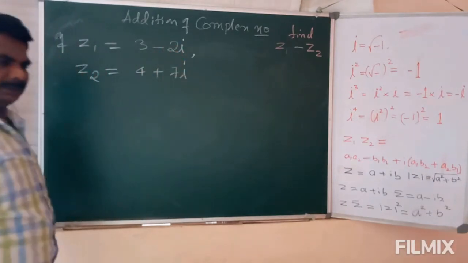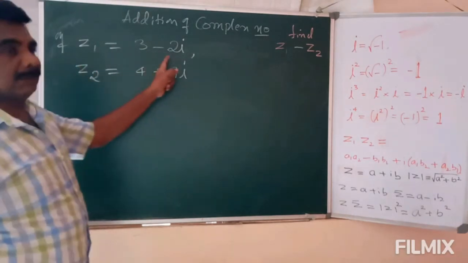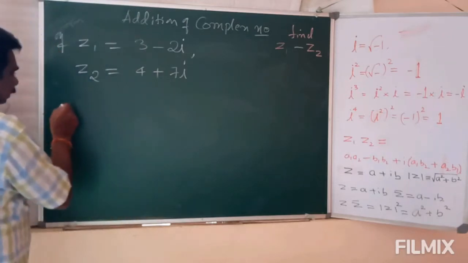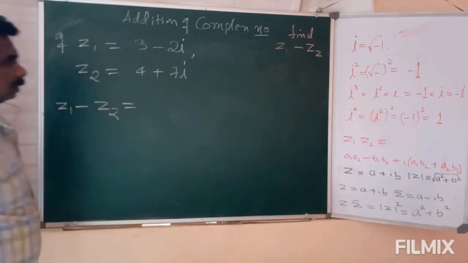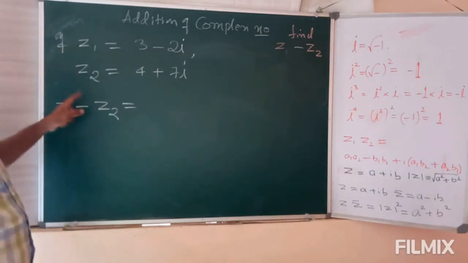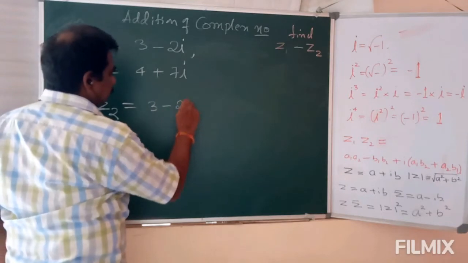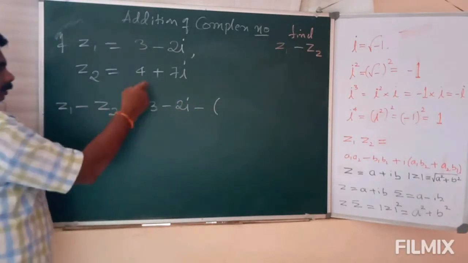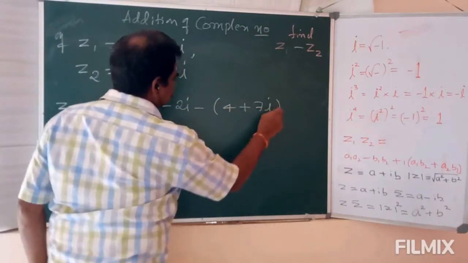I will take Z1 is equal to 3 minus 2i, Z2 is equal to 4 plus 7i. Z1 minus Z2, I have to subtract Z2 from Z1. What is Z1? 3 minus 2i minus what is Z2? 4 plus 7i.